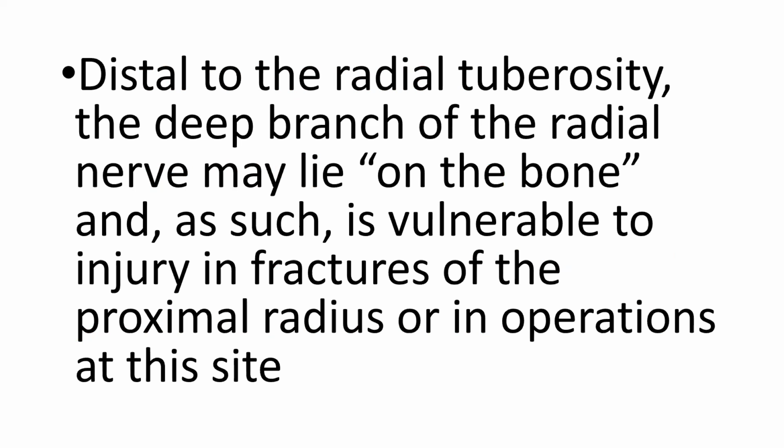Distal to the radial tuberosity, the deep branch of the radial nerve may lie on the bone and as such is vulnerable to injury in fractures of the proximal radius or in operations at this site.